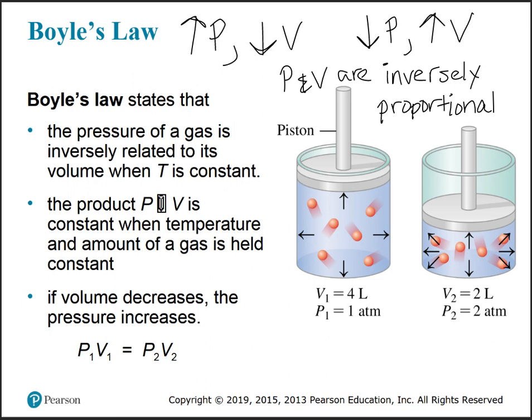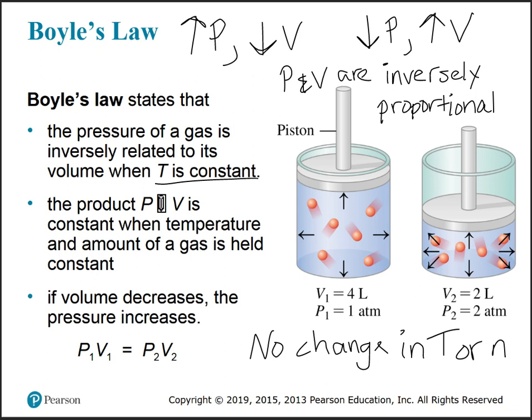What you do to one, the opposite happens to the other. This is all when the temperature is constant. So no change in temperature or the amount of gas, okay, your N.